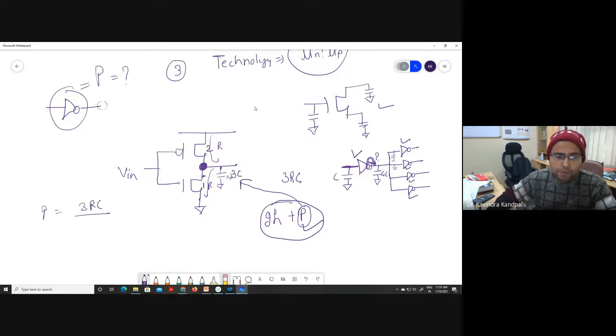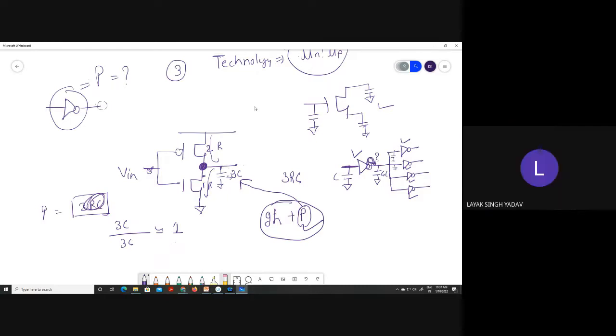We always normalize this capacitance by the input capacitance. If this net capacitance is 3C and you normalize it with the input capacitance of 3C, then roughly it is 1. Yes or no?